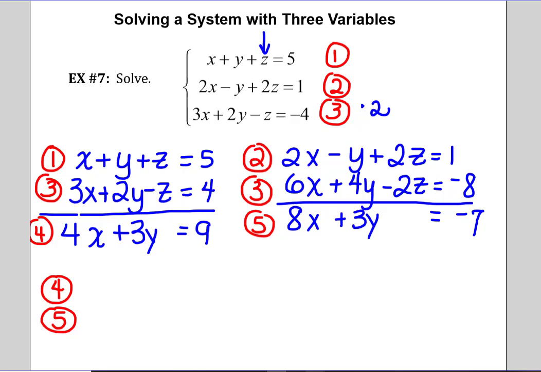So how about if we take 8x plus 3y equals -7, and we'll multiply this one through by -1. By -1. That's the danger here.